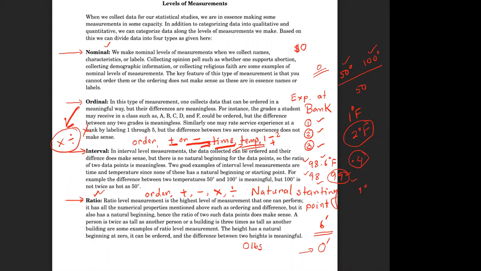So you have to analyze your data and see if there is a natural starting point, and if it makes sense to do division and multiplication. And also remember, statistics is a subject where you cannot always say that 2 plus 3 is equal to 5, like the abstract math you are used to. It is not a precise 100%.